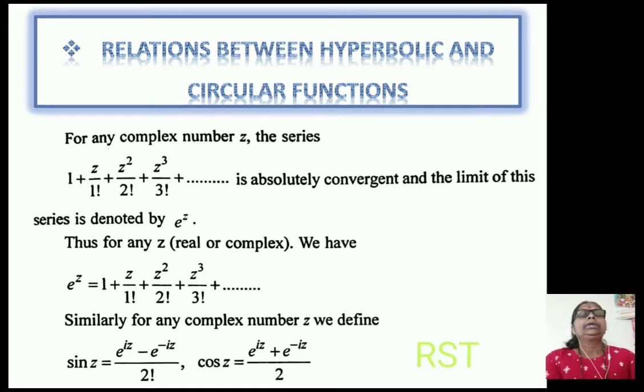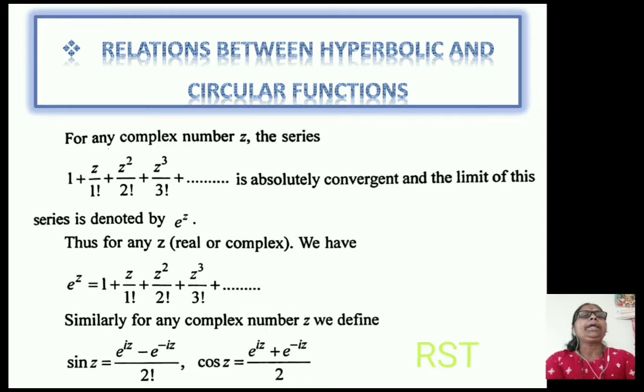Thus, for any z which is real or complex, we have e raised to z equal to 1 plus z upon 1 factorial plus z square upon 2 factorial plus z cube upon 3 factorial plus dash dash dash.